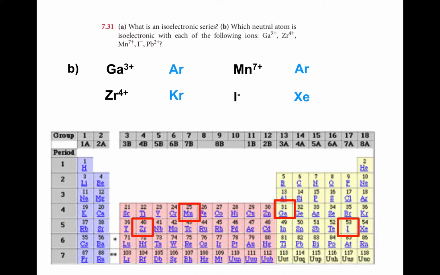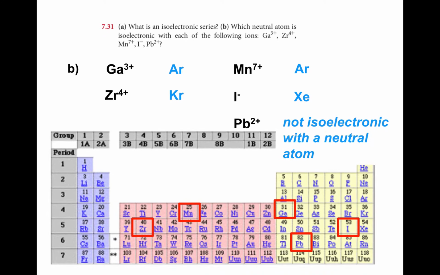Had a mind block there. Lead. All right, so if you're lead 2+, you're losing electrons out of the 6p, and that's not going to be isoelectronic with anything. You'll have 10 electrons in the 3d, 4d, the 5d. So you're not going to be isoelectronic with a neutral atom.